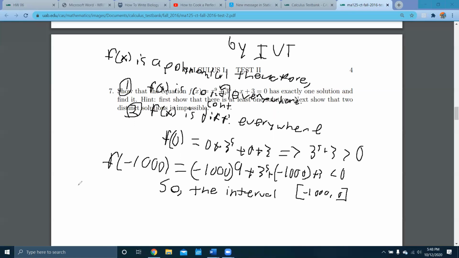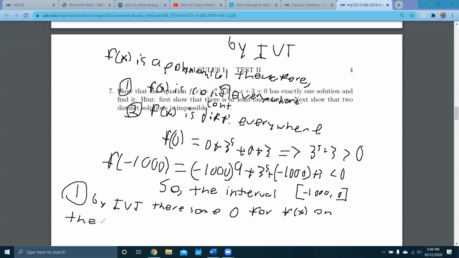And so our solution, number 1, by IVT, intermediate value theorem, there is some value, or there is some 0 for f of x on the interval negative 1,000, 0.